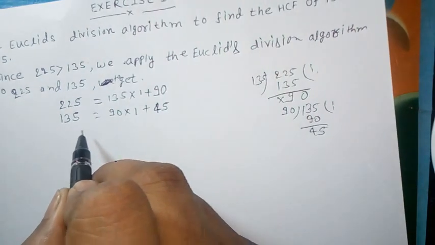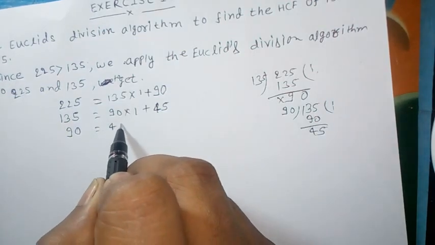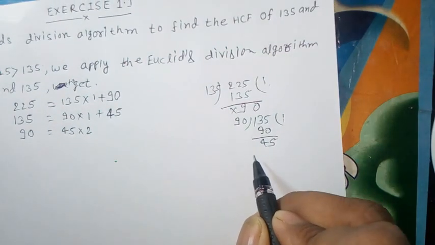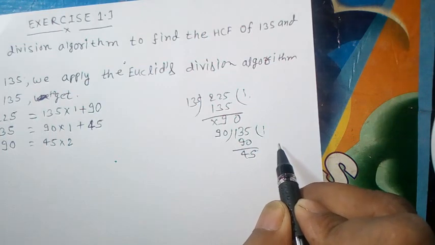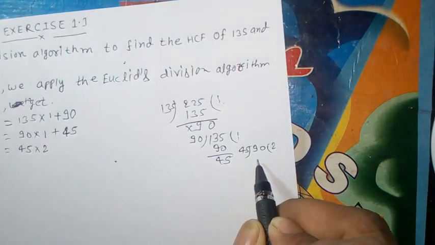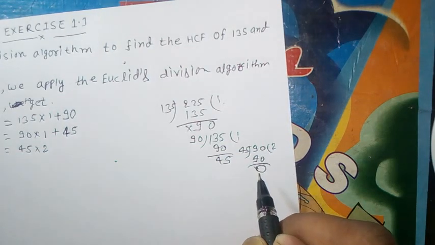Again repeat this process. In the place of a put 90, in the place of b put 45. Then we divide 90 by 45. In 2 times we get 90. Therefore the remainder is 0.